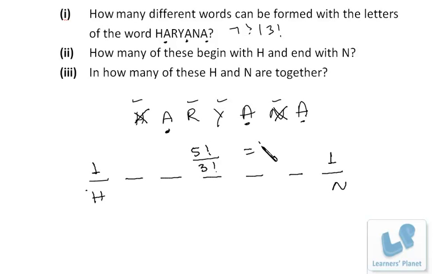So 5 factorial is what? 120, and this is 6, so it's 20 ways, right? So 20 ways will be there when the words begin with H and end with N, right? So this is also clear. This is 20 ways.